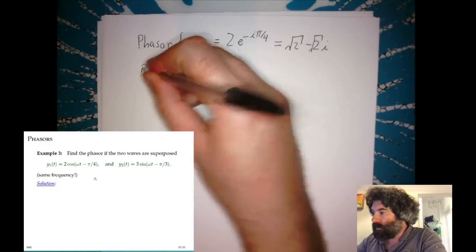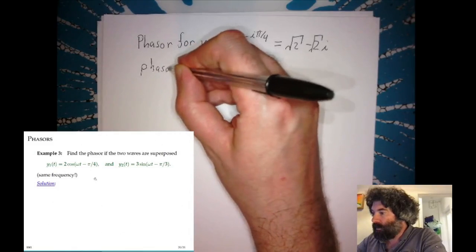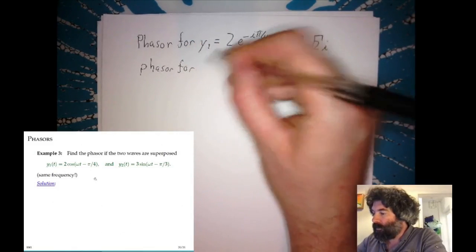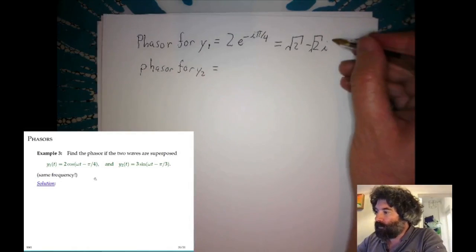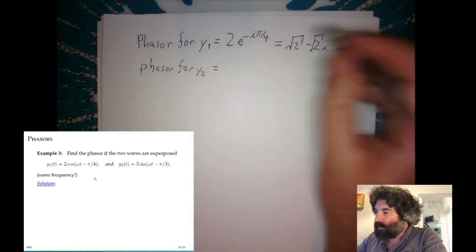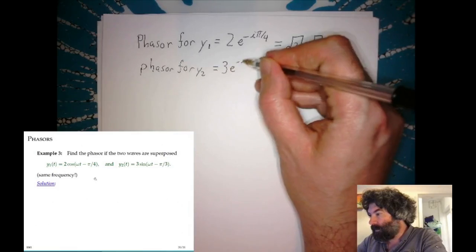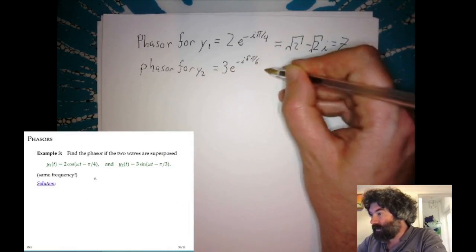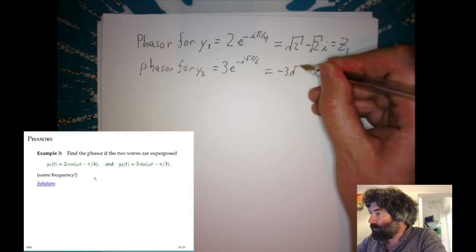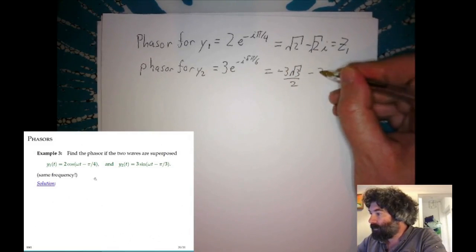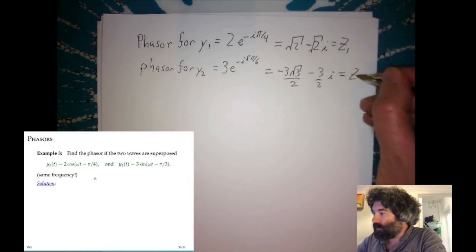The phasor for y2, by the way, we called this one Z1, is 3 e to the negative i 5 pi over 6 in exponential form, or negative 3 square root of 3 over 2 minus 3/2 i in the real and imaginary part form, and this was Z2.